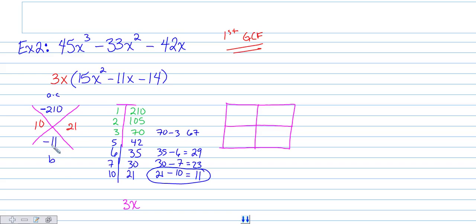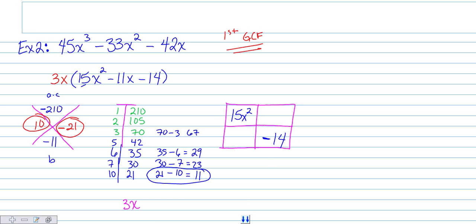And then 11 is negative, and so it's negative 21. Okay, so we have our two factors right here and right here. Remember that we'll write the first term, the a term, or the x squared term, in the first box. So you got 15x squared. Negative 14 will go in the last one.